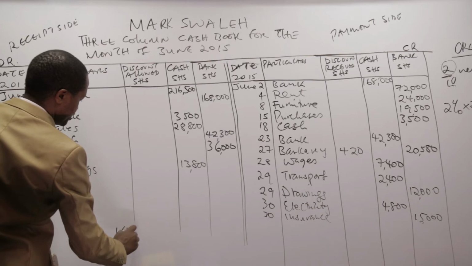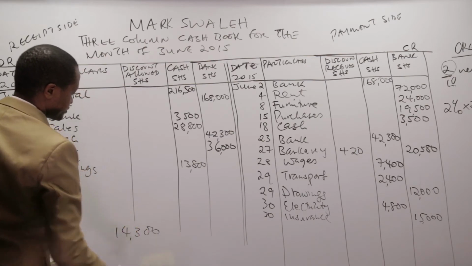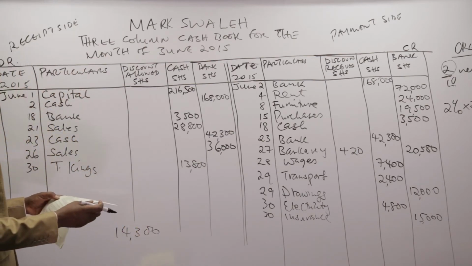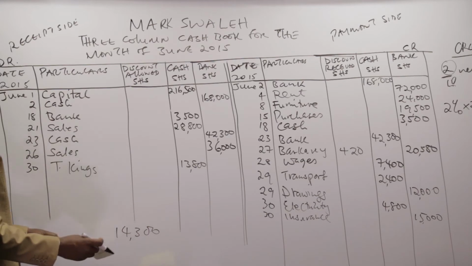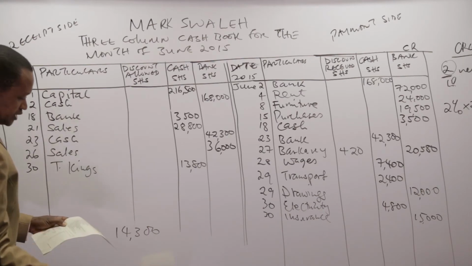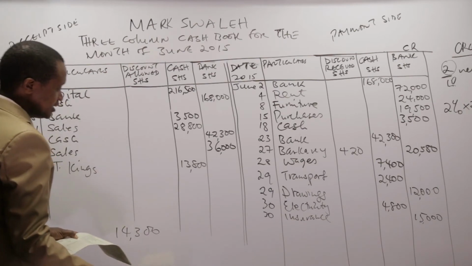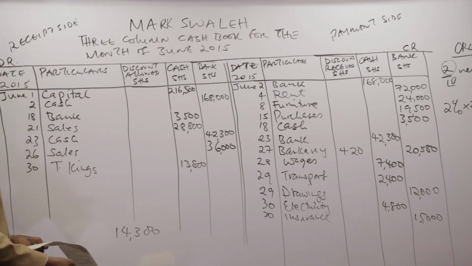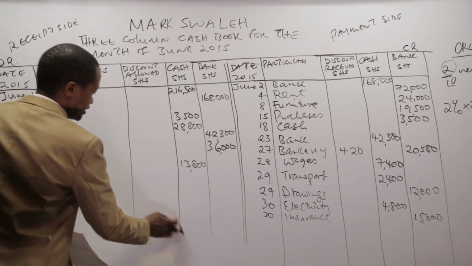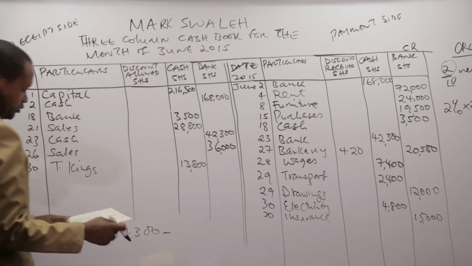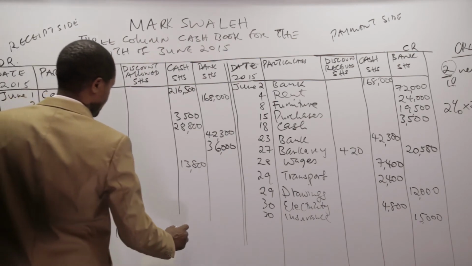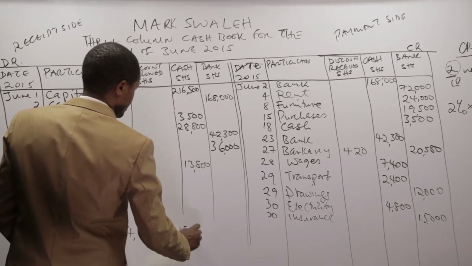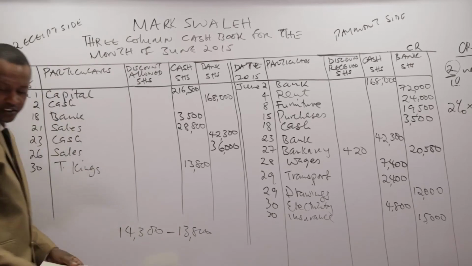He was supposed to pay 14,300, but we are told he only paid 13,800. And in full settlement, that means that Max Wale allowed a discount of the difference. So we simply get the difference between 14,300 and 13,800. That will give us a discount.